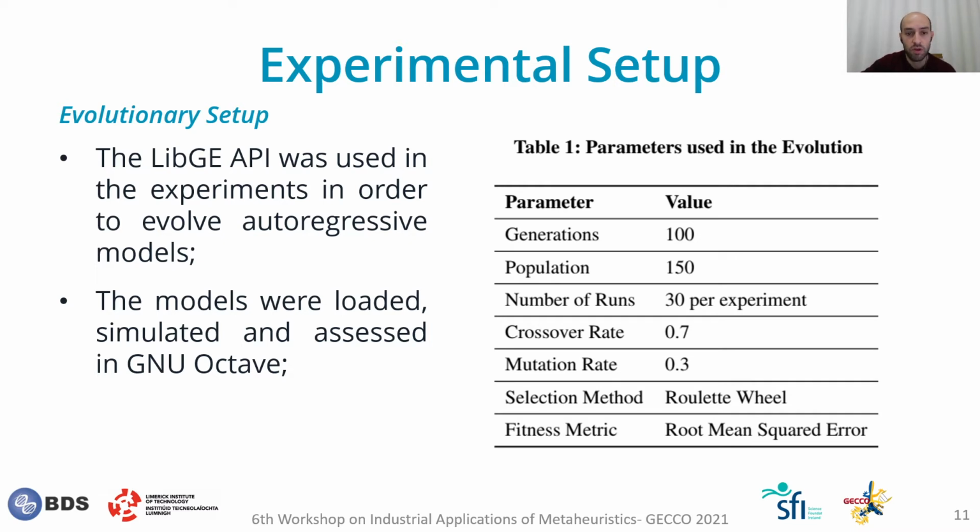We have used a crossover rate of 0.7 and a mutation rate of 0.3. Both were found empirically, so we've tested several different numbers for these rates before actually running the final batches. The selection method was the roulette wheel, and the fitness metric, as mentioned, was the root mean squared error.